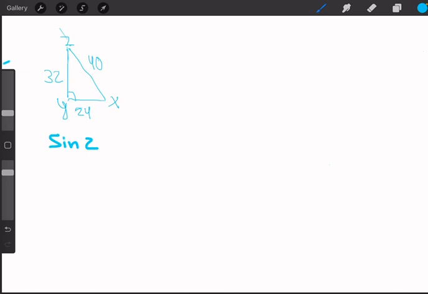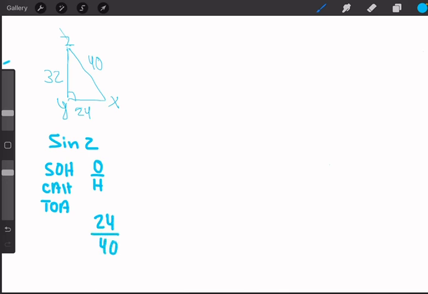Okay, so sine of Z, let's think about this. So we have SOHCAHTOA, and if we want sine, that means we need opposite over hypotenuse. Now our opposite is going to be, since we're Z, the opposite of Z is 24, so 24 over the obvious hypotenuse, which is 40.